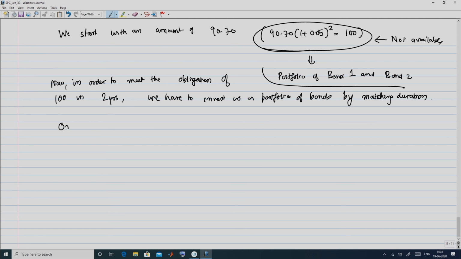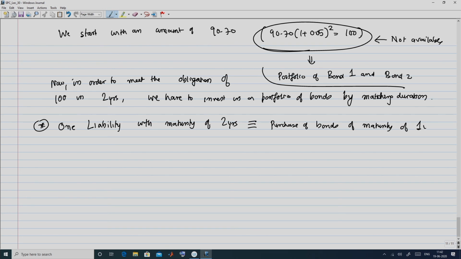So, this means that in order to put this in more specific terms, one liability with maturity of 2 years must be matched by purchasing bonds of maturity of 1 year and 4 years.